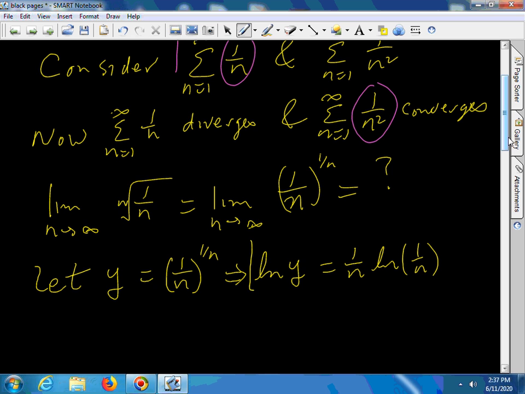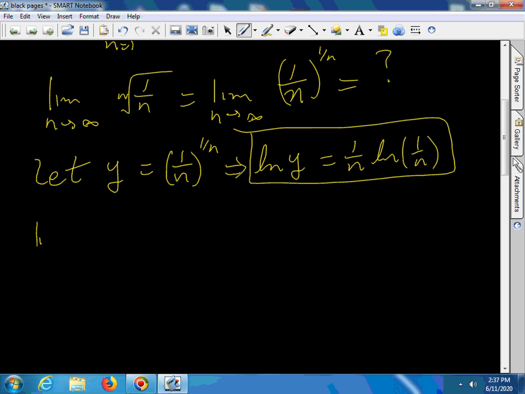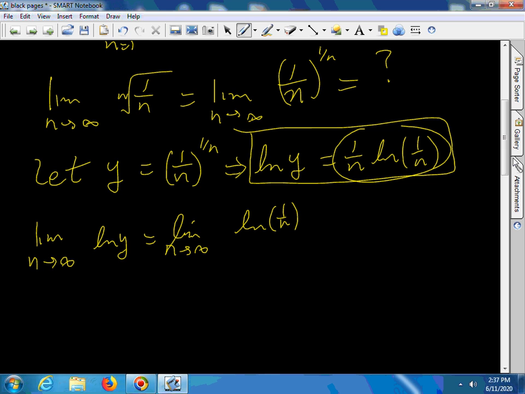So let's take the limit of both sides as n goes to infinity. The limit as n goes to infinity of ln of y is going to equal the limit as n goes to infinity of, now I'm going to rewrite this where instead of multiplying by 1 over n, I divide by n. Now, what's in the brackets as n goes to infinity is going to 0.